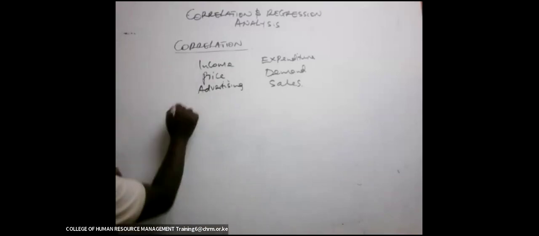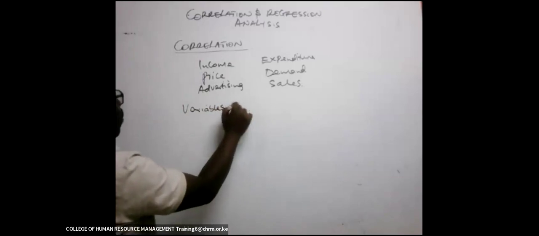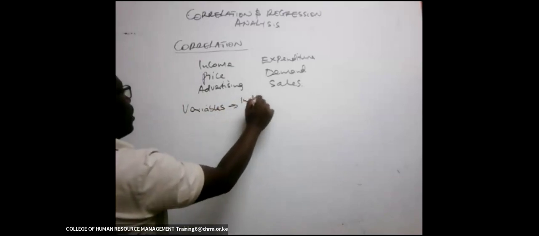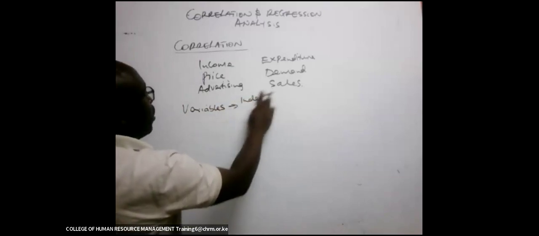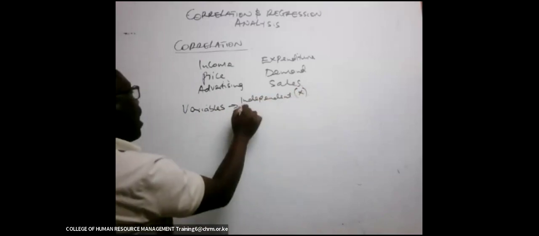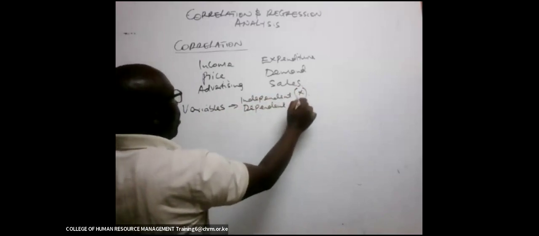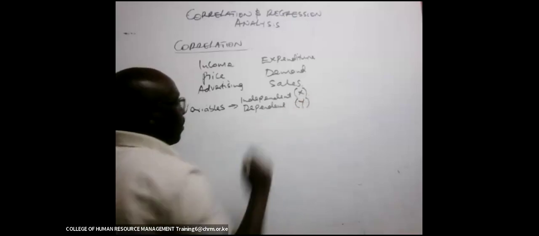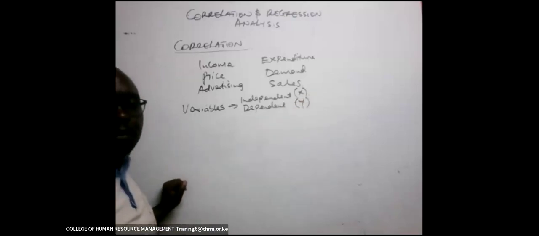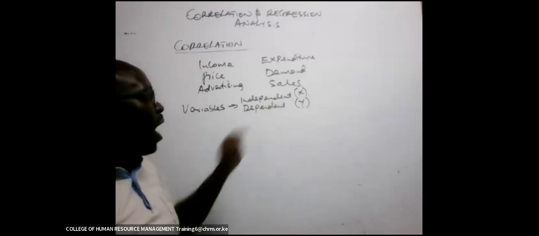So the two variables that we are talking about are those we call independent, which is normally denoted by X, and the dependent variable, which is normally denoted by Y. If you adjust the X, what will happen to the Y?